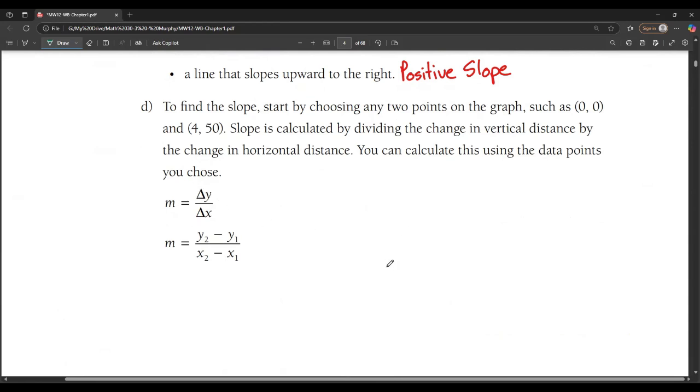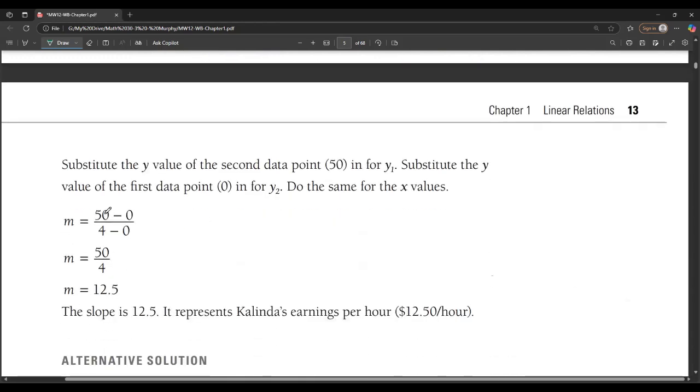And to get the rise, all they're saying is take your 2 points. So we chose 0 and 0 and 4 and 50. And you can consider these your beginnings, and these are your ends. 4 and 50 are your ends.